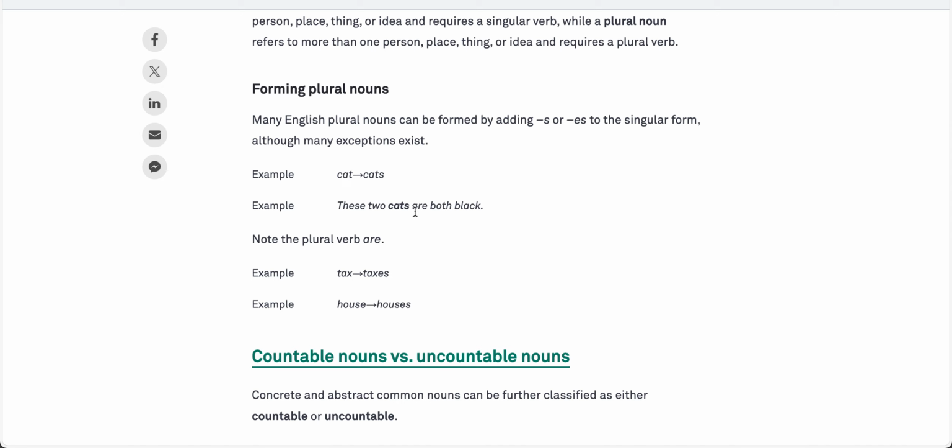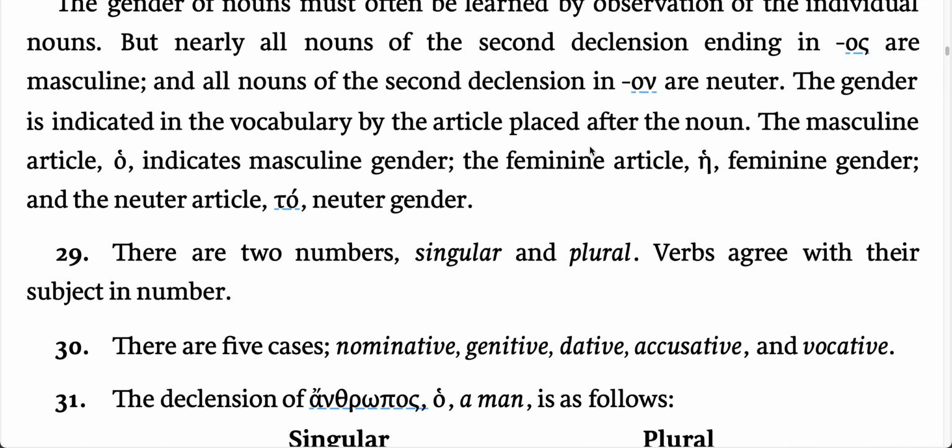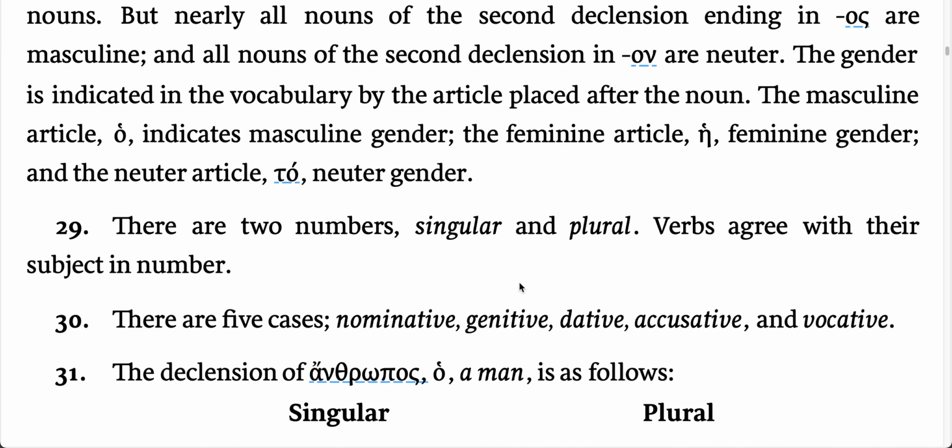These two cats are both black. You have tax or taxes, house or houses. And so you realize that nouns have singular and plural, and they look different if they're singular, and they look different if they're plural. We're going to see that in just a second.